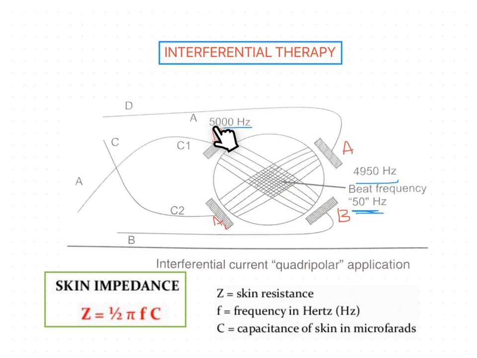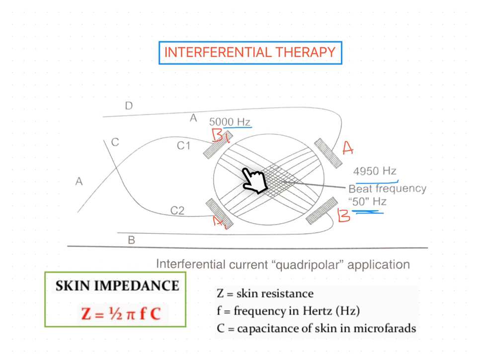Here we are using 5000 hertz, which is a medium frequency, and 4950 is also a medium frequency current. That means these currents will easily transmit through the skin layers. Why? Because if the frequency is more, then the resistance of the skin is less.